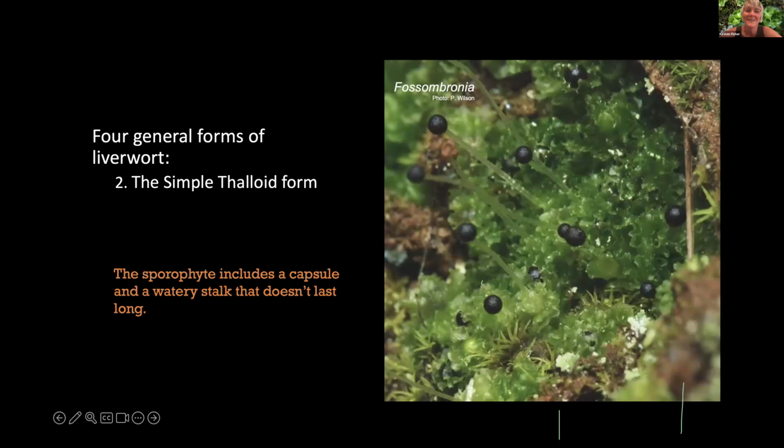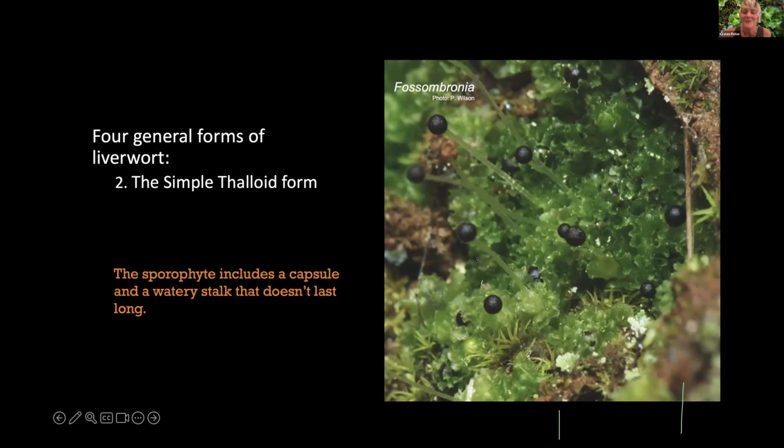That's in contrast to the simple thalloid liverworts, whose thalli look more like moss leaves, basically, except that they're more disorganized looking, for lack of a better term. And they have very watery sporophytes.